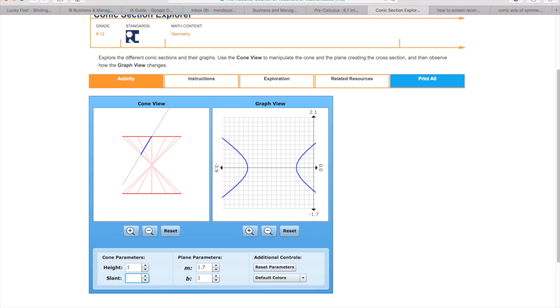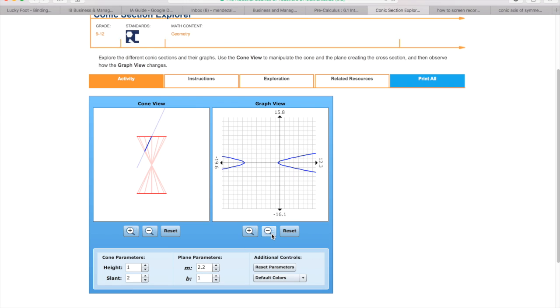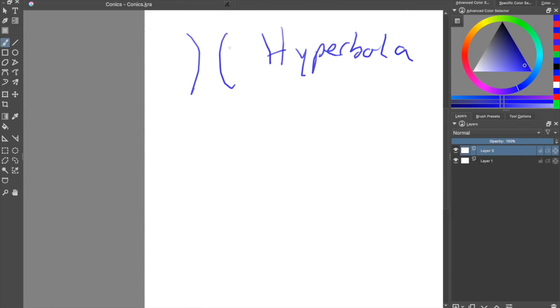Now let's increase the slant to 2. The hyperbola is gone. But following our pattern, let's say 2.2. And is there a hyperbola? There is. So what does this tell us?